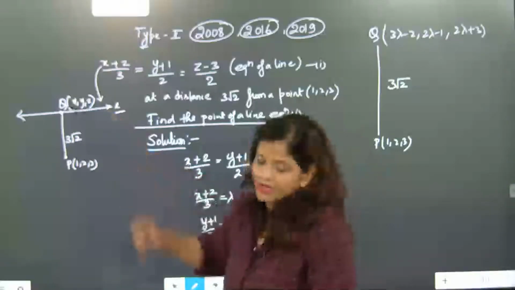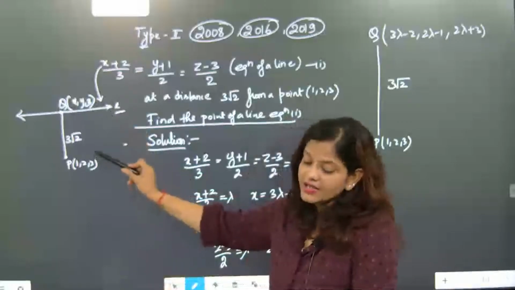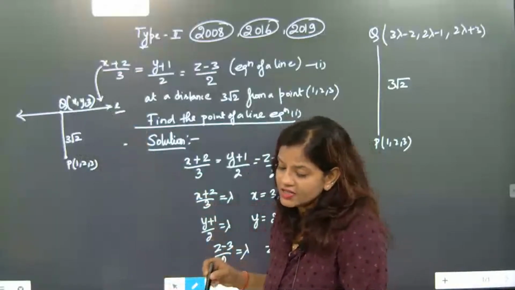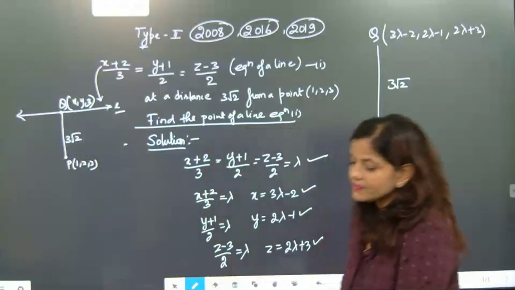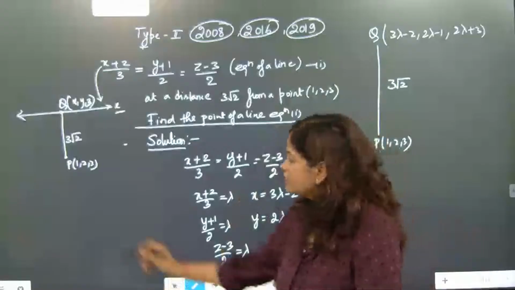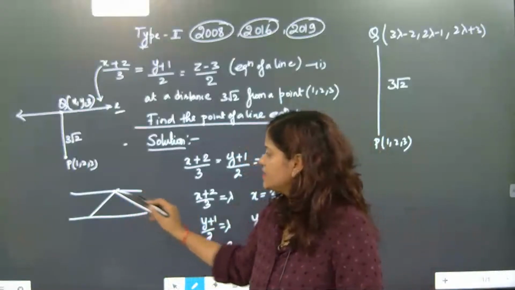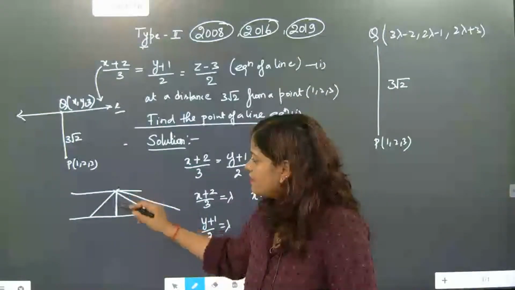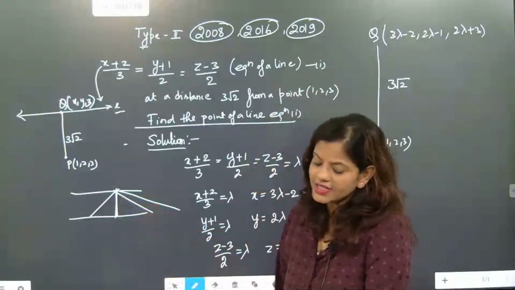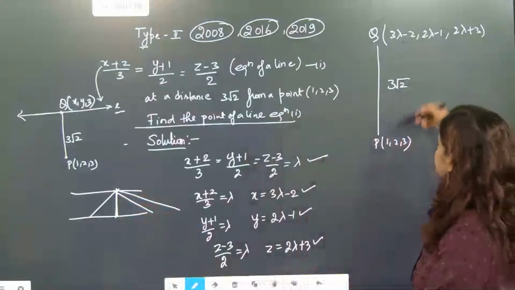We need not go anywhere, just get the value of x, y, z, and here 3 root 2 distance is given. Got it? The shortest distance will always be perpendicular. Whenever you draw lines from a point to a line, this line will always be the shortest one. That is perpendicular. Okay?